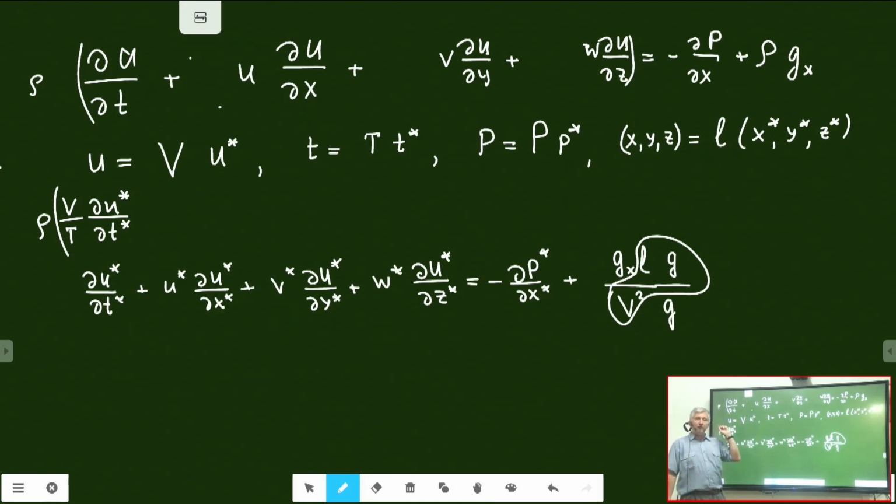One more thing before we stop for a break, and then after that we will do something else practical, like a tutorial. G sub x and g. So g is pretty much a constant. That is gravity on the Earth surface, right? So it is a physical constant. G sub x is essentially a projection. Gravity we will usually draw as vertically pointing down.